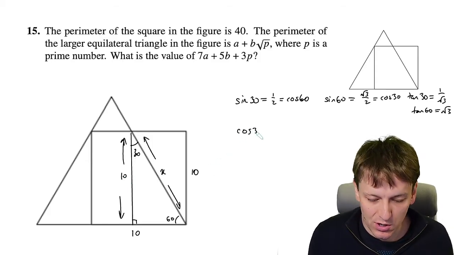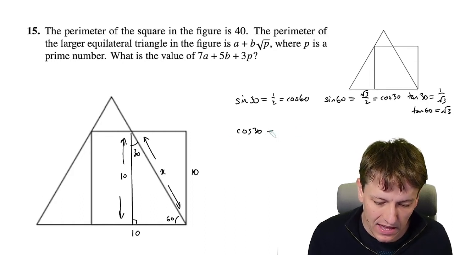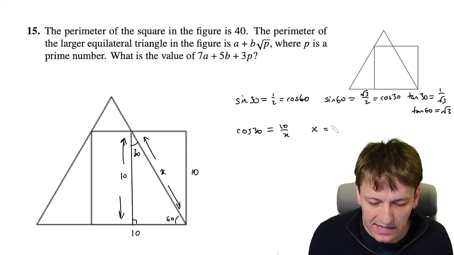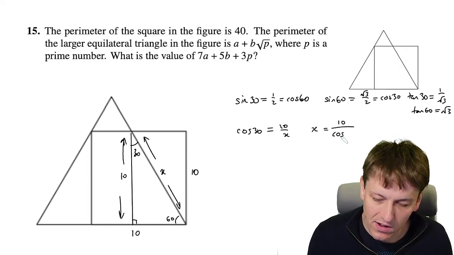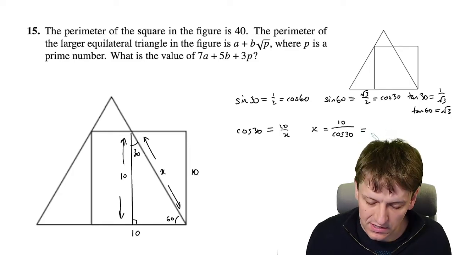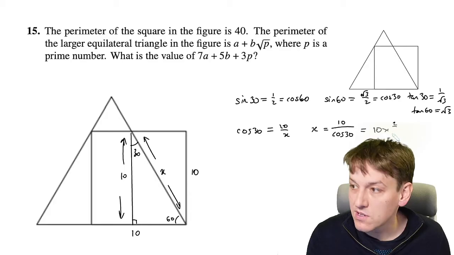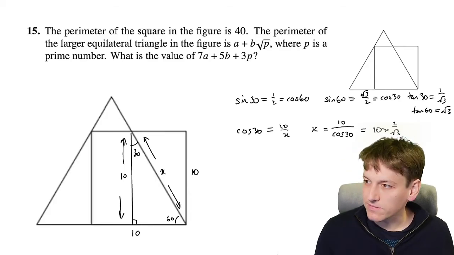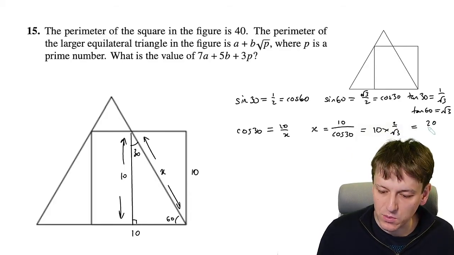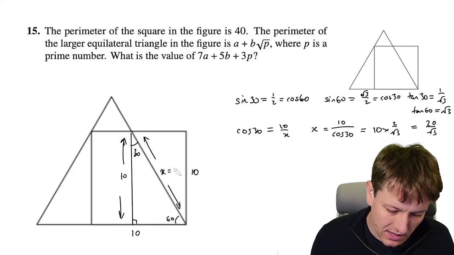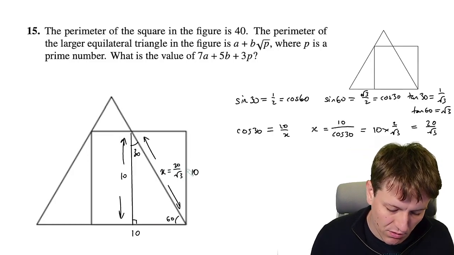So we've got cos of 30 is equal to 10 over x, and rearranging that gives me that x is equal to 10 over cos 30. So that's 10 divided by root 3 over 2, or 10 times 2 over root 3. So that gives me 20 over root 3 here. So that is the value of x, 20 over root 3.